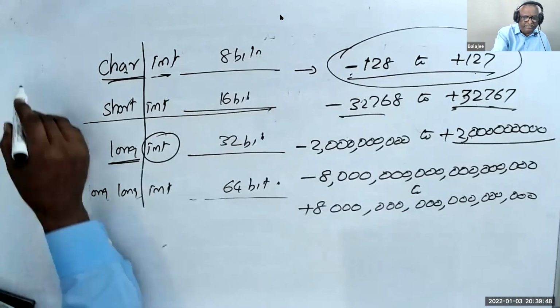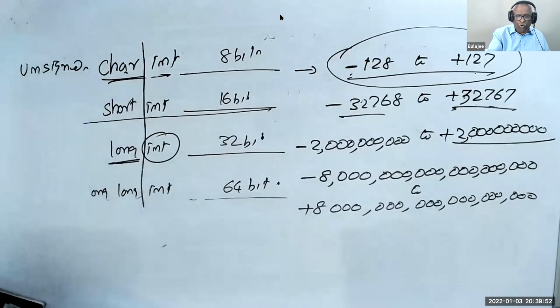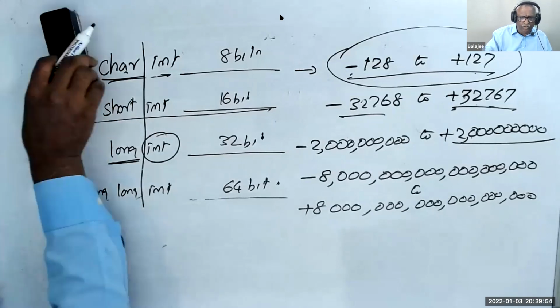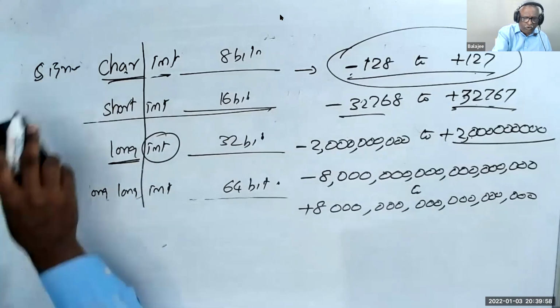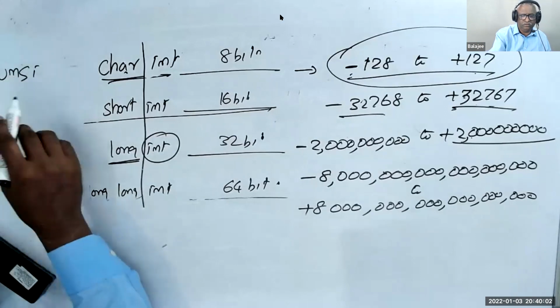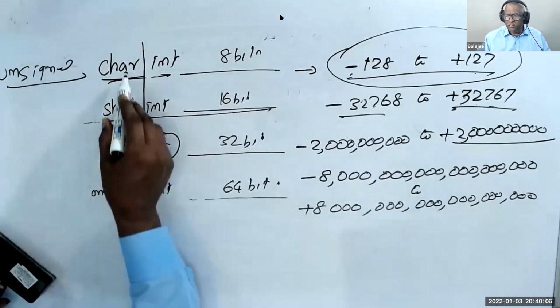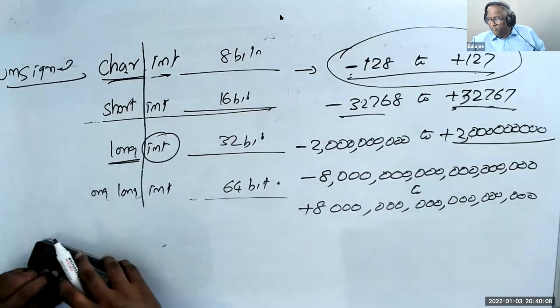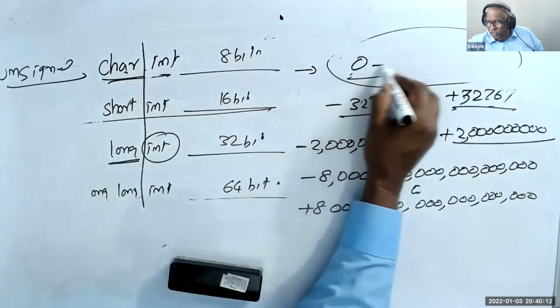if you use the word unsigned. If you don't put anything, it is signed. If you just don't put anything, it is signed. If you put the word unsigned before char, then the value changes from 0 to 255.